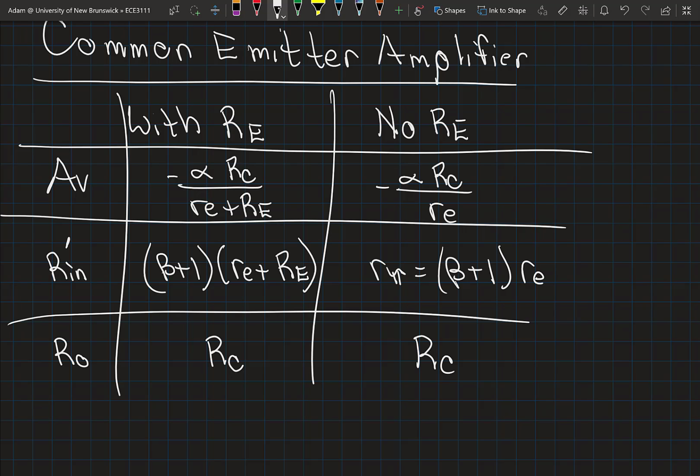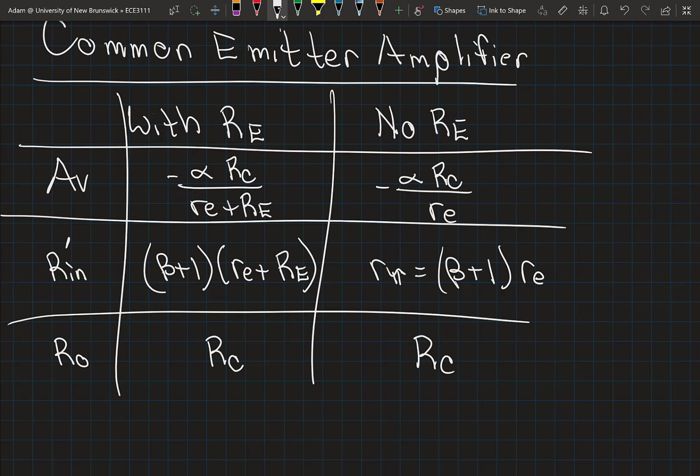Are these the properties of a good voltage amplifier? Well, it depends on some of these values here. The gain can be reasonably high if we bypass our emitter resistor. Our input resistance for a voltage amplifier, we would like to be quite high.